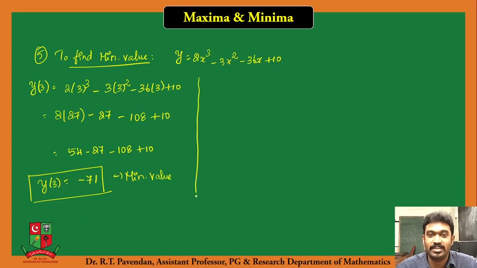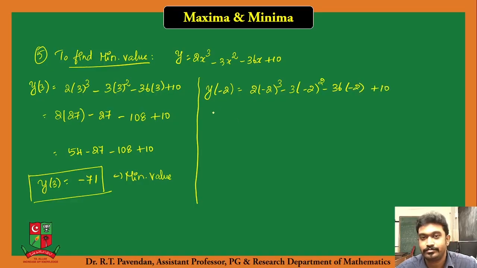Likewise, one can find the maximum value by substituting the maximum point. The maximum point, we know that x is equal to minus 2. So at the place of x, we have to replace it with minus 2. So 2 times of minus 2 the whole cube minus 3 into minus 2 the whole square minus 36 into minus 2 plus 10. So we all know 2 cube is 8. So 2 times of minus 8.